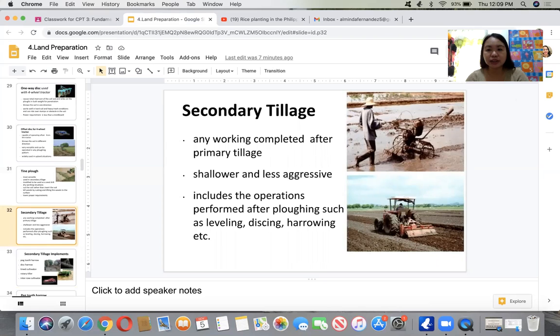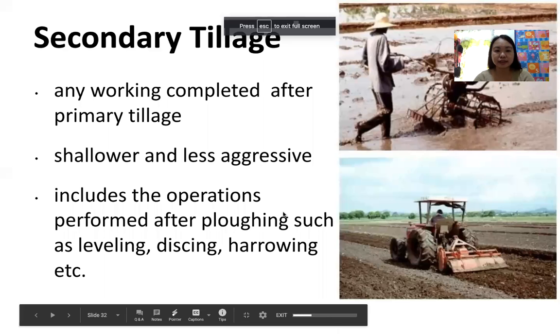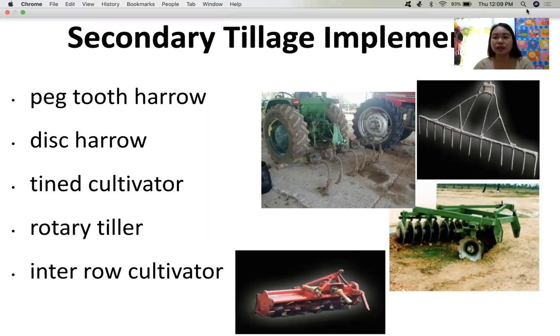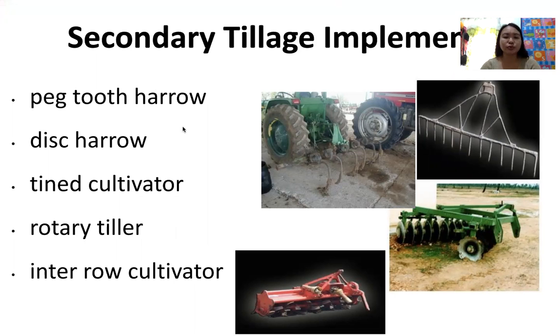Let me just present this. To continue, the secondary tillage implements are composed of the following: the peg tooth harrow, the disc harrow, the tine cultivator, the rotary tiller, and the interrow cultivator.